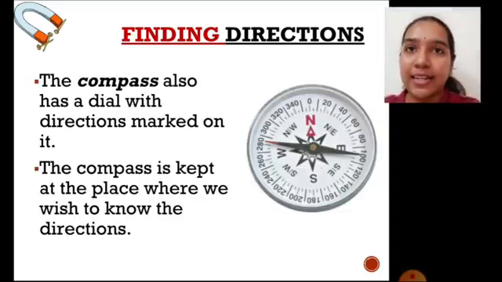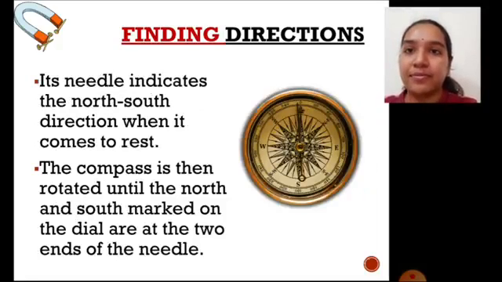It has a dial with directions marked on it, and the directions are known when it is held or placed without any disturbance at one place. Whichever direction you may face, the needle of a compass also comes to rest in north-south direction, as it is a magnetized needle, and the direction you would like to travel can be understood by reading the dial of the compass.